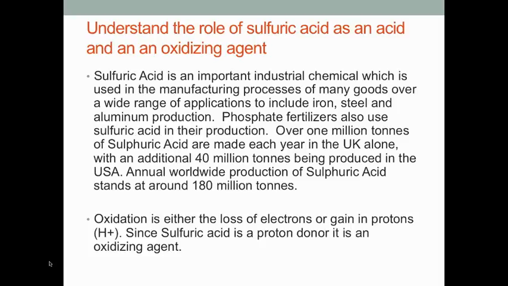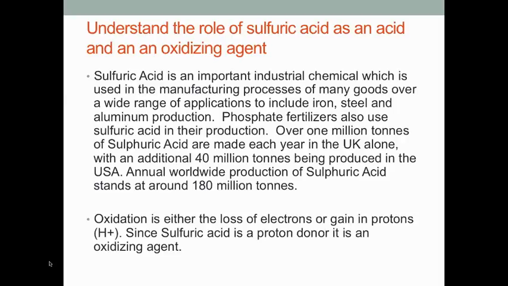It's also used in making phosphate fertilizers. Over 1 million tons of sulfuric acid are made each year in the UK alone, with an additional 40 million tons being made in the USA. Worldwide production of sulfuric acid is about 180 million tons.